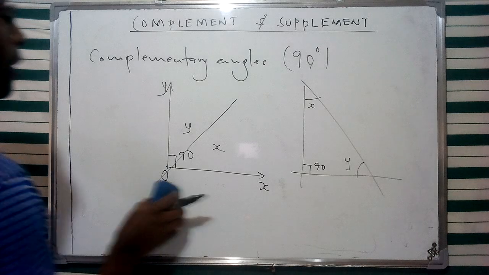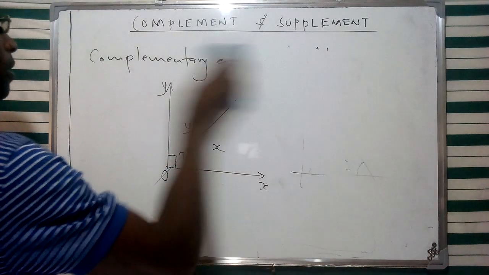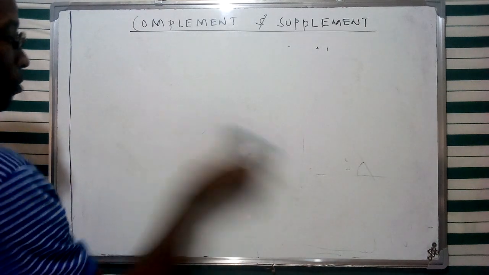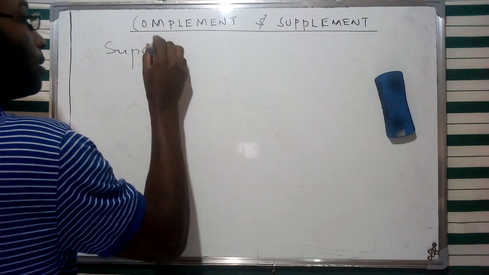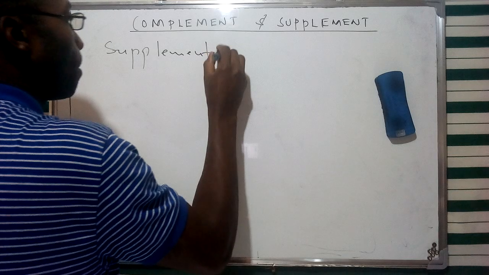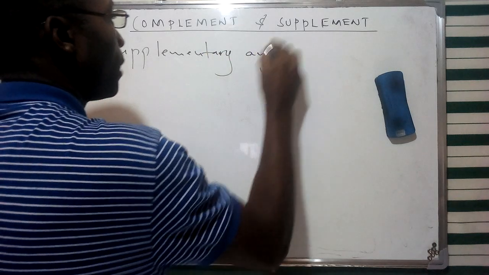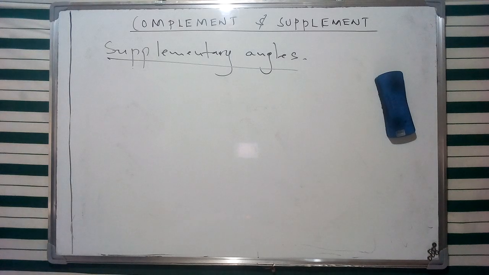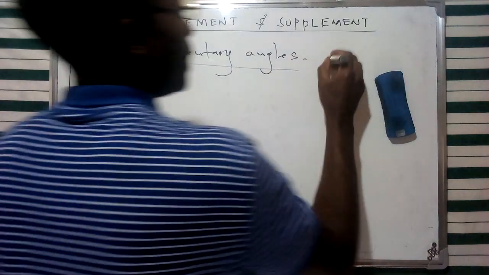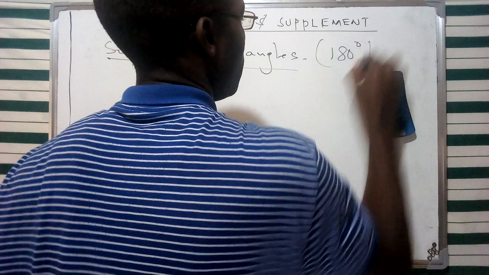Next, I've mentioned the concept of supplementary angles, and we are also going to look at these. Just like complementary angles, supplementary angles are two angles whose measures add up to 180 degrees.